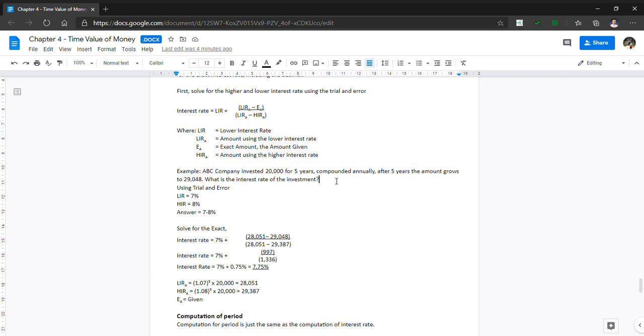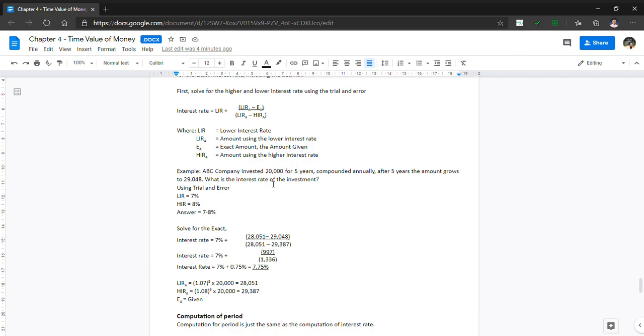So 1.4026 multiplied by 20,000 to get the future value of 28,051. So 28,051 is lower than yung gusto natin na 29,048. So after nun, try natin ang 8%.